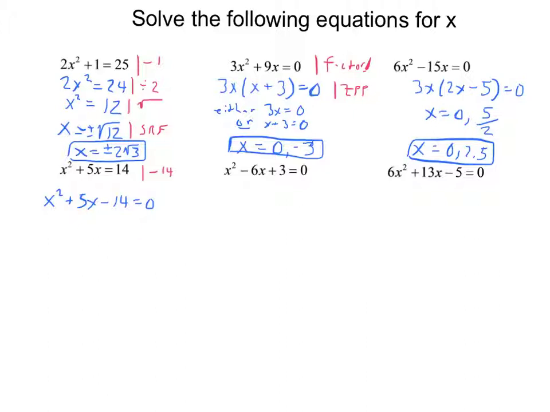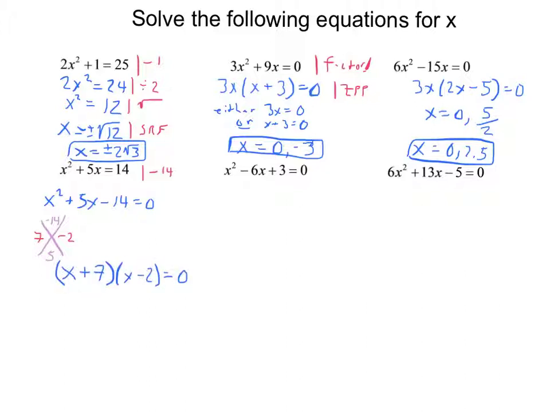We could go to the quadratic formula, but in this one, actually, I could think of a combination that multiplies to negative 14 and adds to 5. And my winning combination for that is going to be positive 7 and negative 2. They multiply to negative 14, and they add up to 5. So that's how this thing's going to factor.